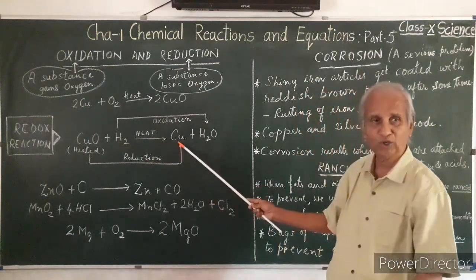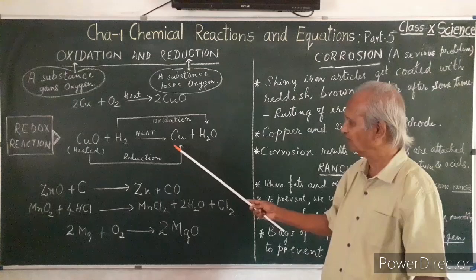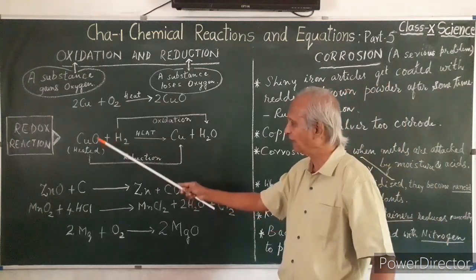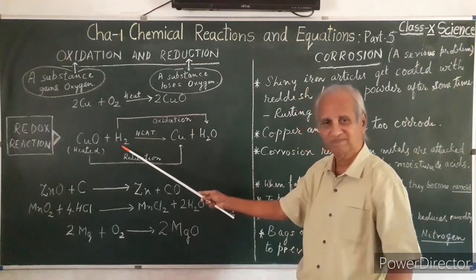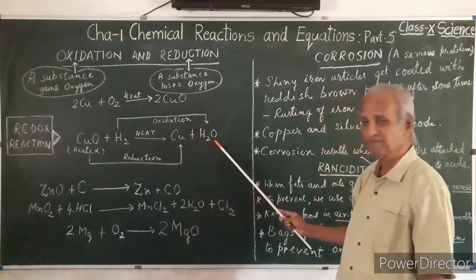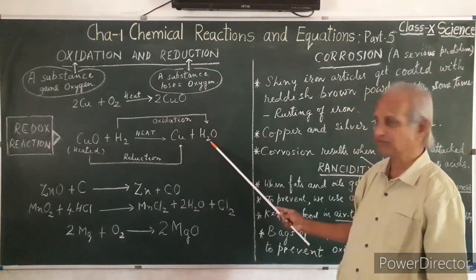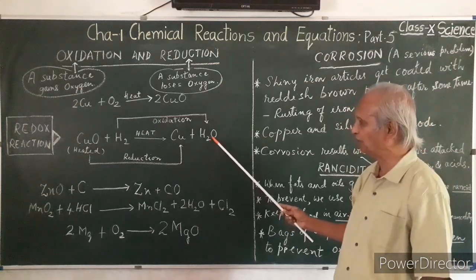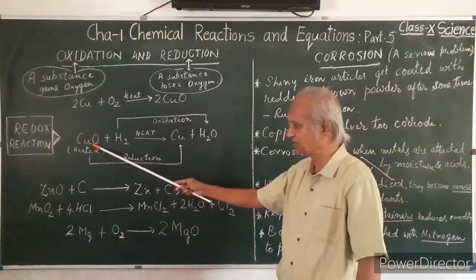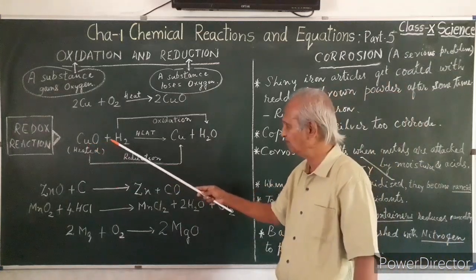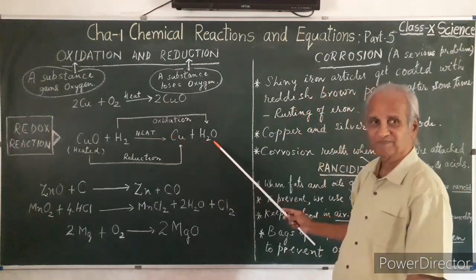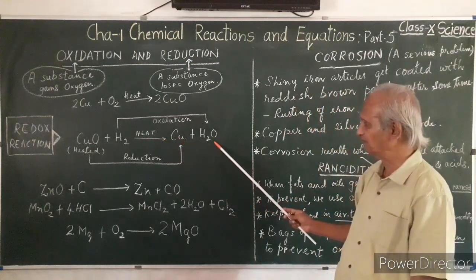What happens to oxygen? Oxygen combines with hydrogen. You know what would happen? It becomes water molecules. So let me read out the reaction now. Copper oxide plus hydrogen gives copper plus H2O, water.